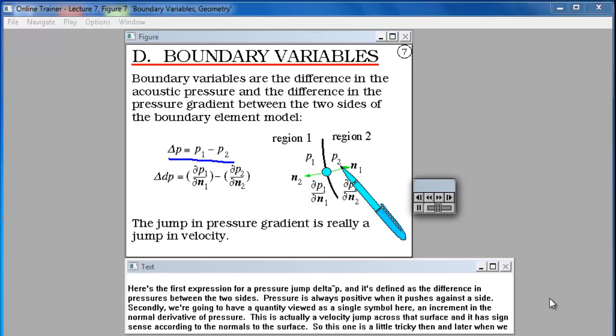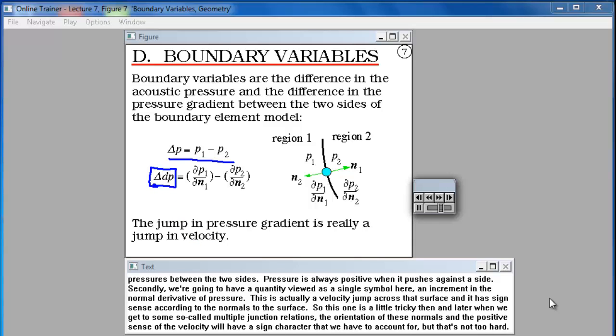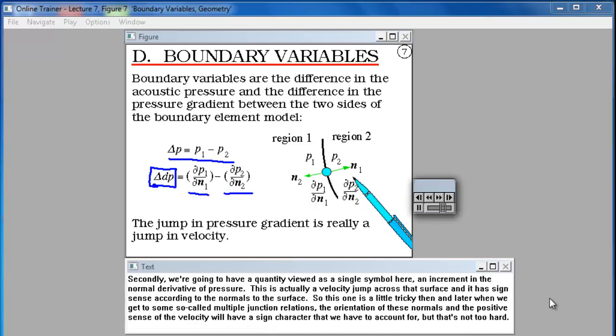Secondly, we're going to have a quantity viewed as a single symbol here, an increment in the normal derivative of pressure. This is actually a velocity jump across that surface, and it has sign sense according to the normals to the surface.